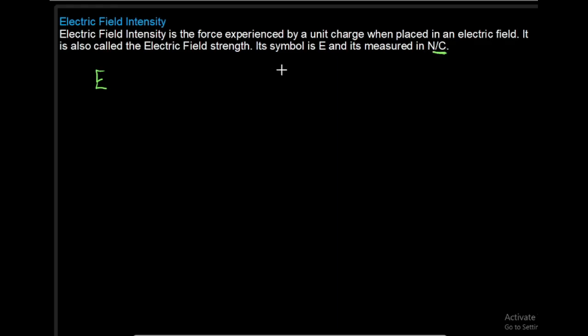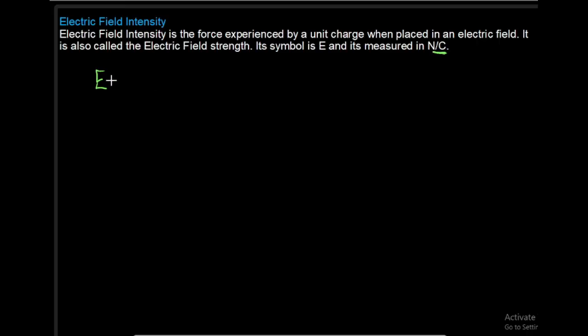I'll take our definition again. It says the electric field strength is the force experienced by a unit charge when placed in an electric field. That force a unit charge experiences when placed in an electric field is what we call the electric field strength.